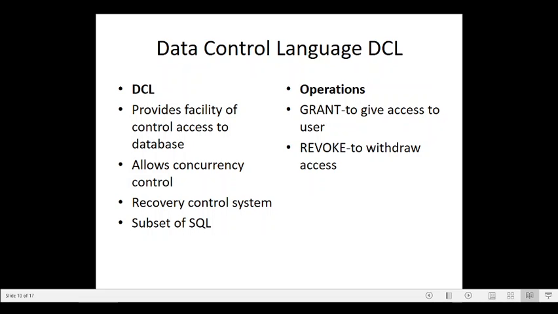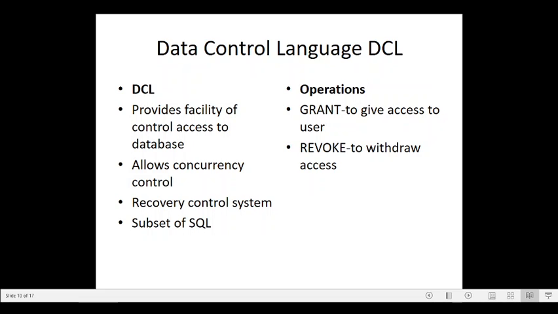See, whenever a user wants to access the data, the access can be granted or can be taken away from the user. So we use the grant command to give privilege to a user.